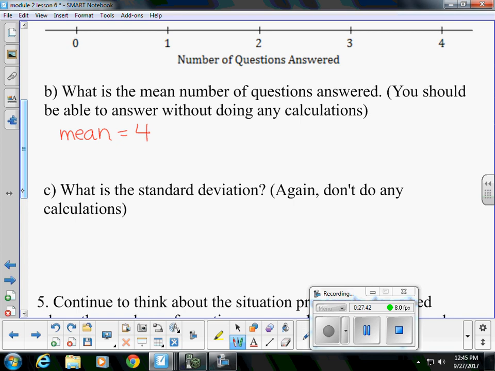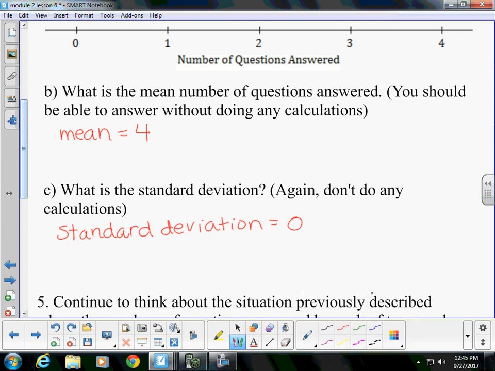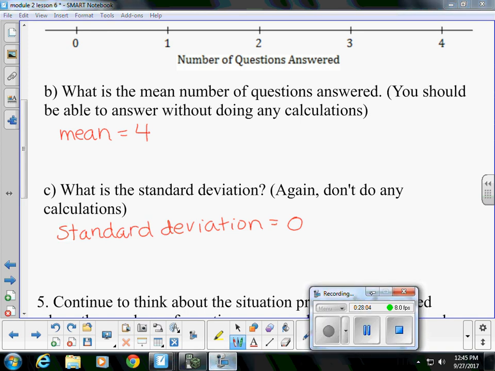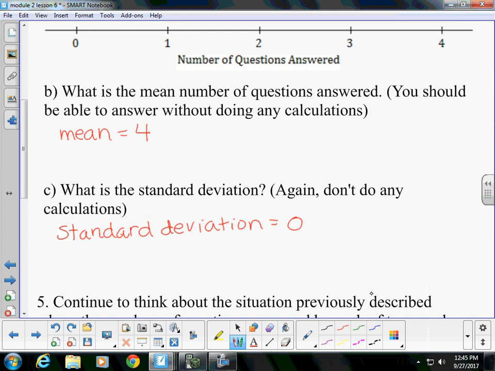Standard deviation, how far are all those numbers going to be from 4? It's going to be 0. All of those numbers, they're nowhere away from the mean. They're all on the same exact spot.